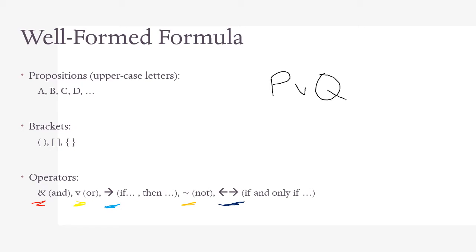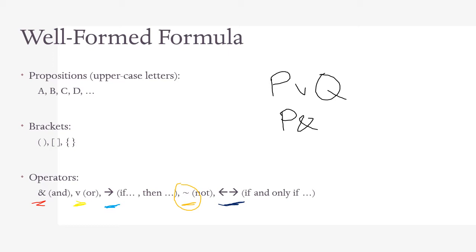Then we would need to attach another proposition to this operator. So every operator, with the exception of the tilde, has to have propositions on each side of it. So you can't write something like this.